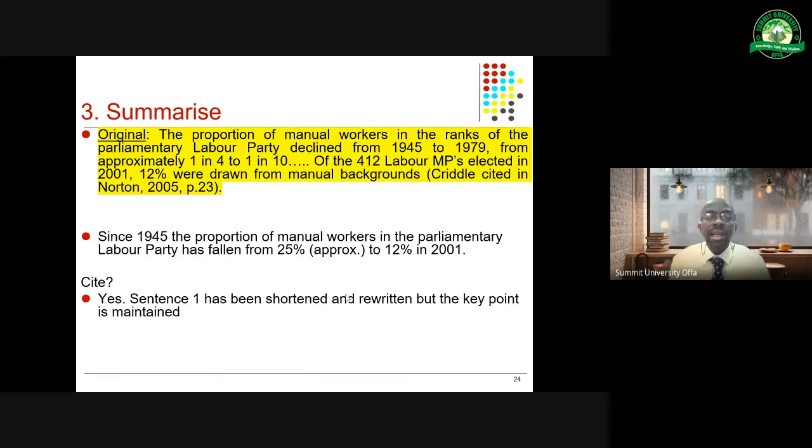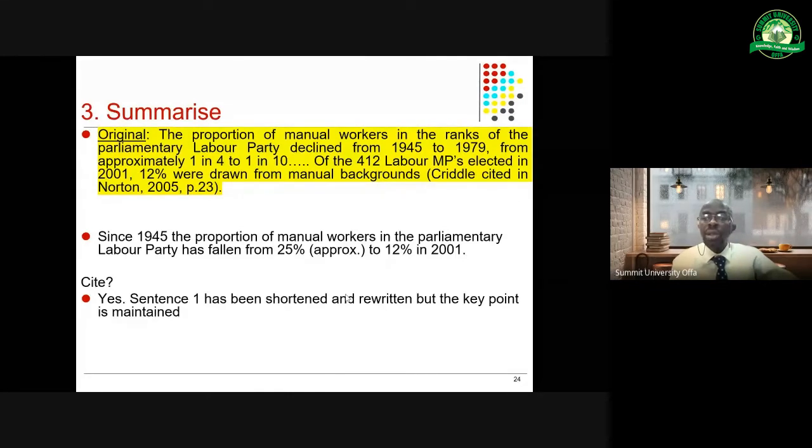The original text reads, the proportion of manual workers in the ranks of the Parliamentary Labour Party declined from 1945 to 1979 from approximately 1 in 4 to 1 in 10.